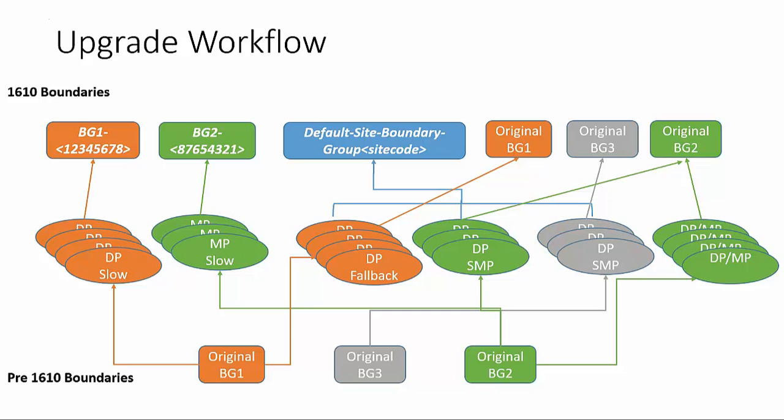Next, we have a new boundary group for slow site systems, called the original boundary group name with the boundary group ID. The slow site systems are copied to this group. The dotted lines suggest the relationship of the slow boundary group with their original boundary group as their neighbors. I hope this workflow provided a better understanding of the changes.